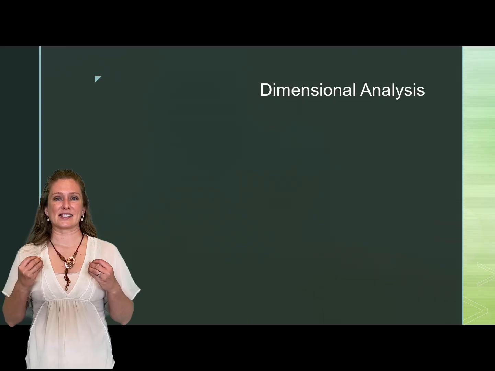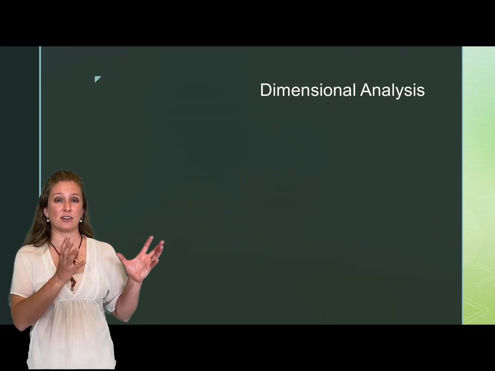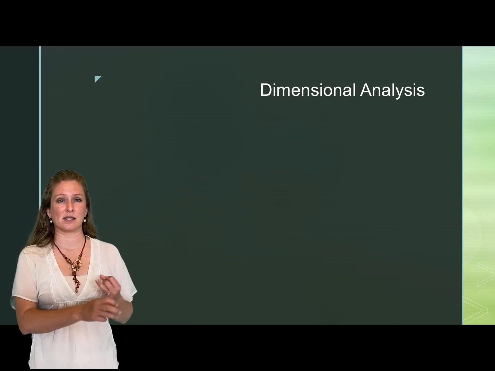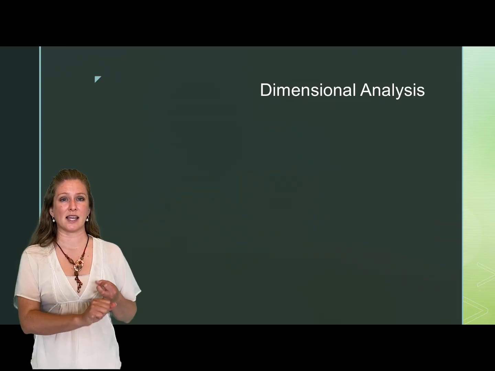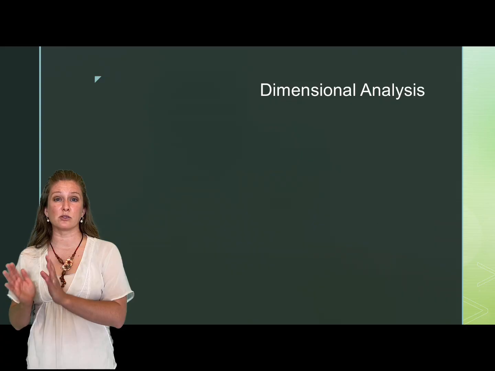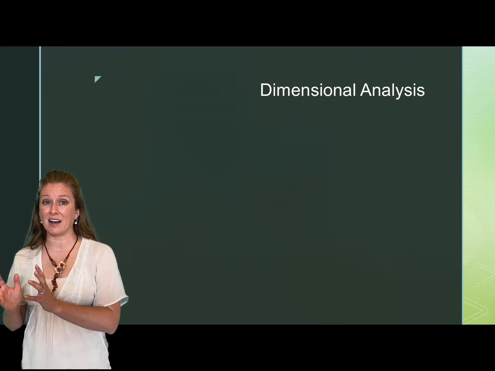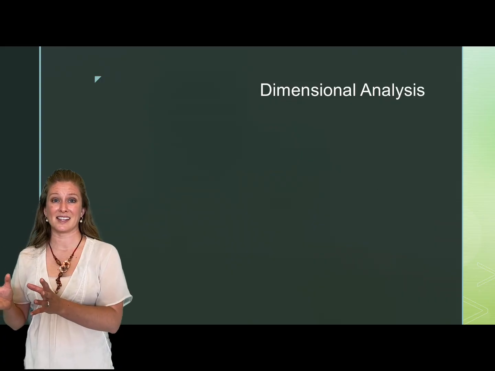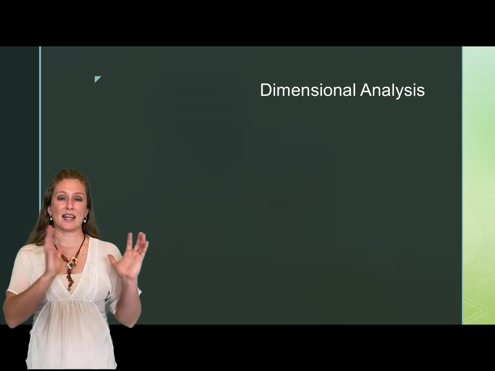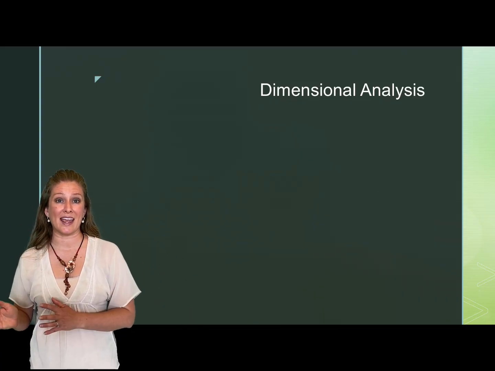It is this concept that we can take a measurement, something that we can directly record and visualize, like the mass of a substance or the volume of a substance, and convert it into information that is useful for calculating ratios and proportions of molecules and atoms, which are things that we cannot directly visualize. Atoms and molecules are way too small for us to see and count. So we take information that we can measure and convert it to information that we can't.